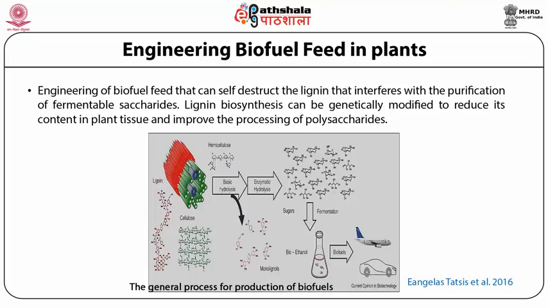Lignin is the one which binds polysaccharides together, cellulose molecules, and when its production is inhibited, cellulose becomes available for enzymatic hydrolysis and release of sugars, whereby sugars can be fermented for producing bioethanol and other biofuels.